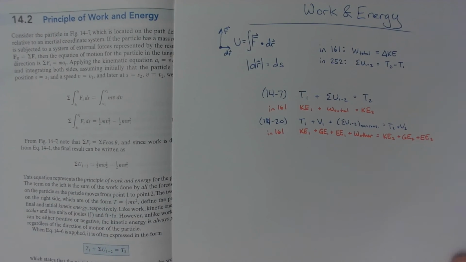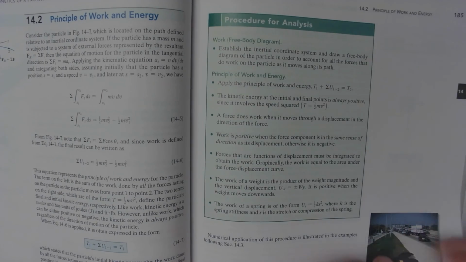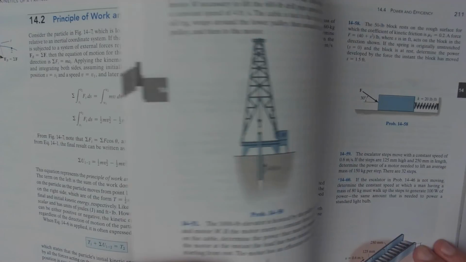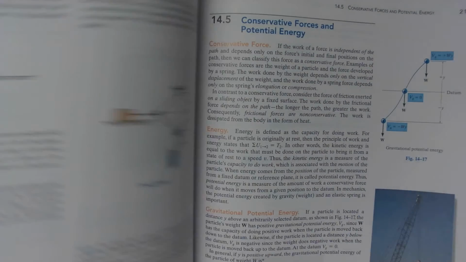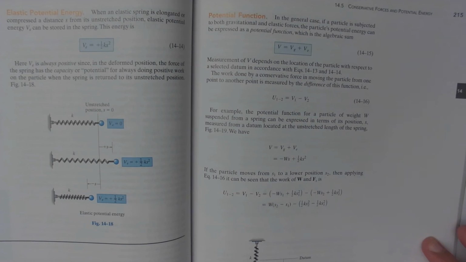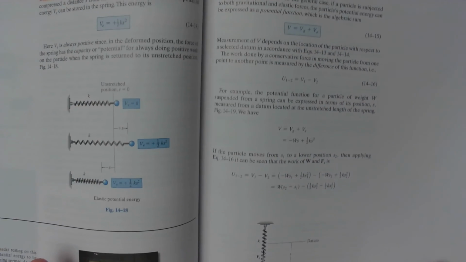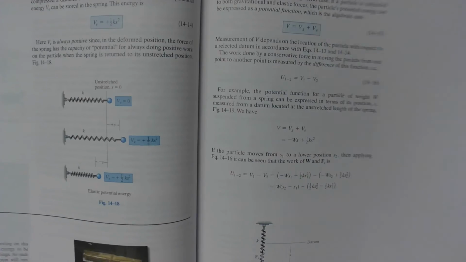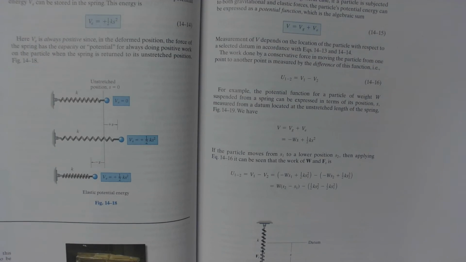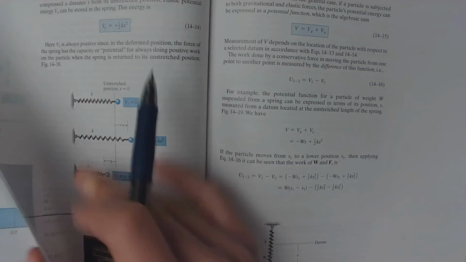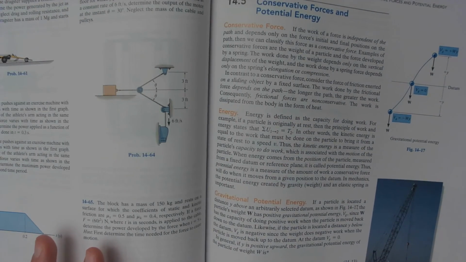You could figure that out from looking at the equations here, but I think if we go to section 14.5, you can see they define the elastic potential energy here. They define the gravitational potential energy here.